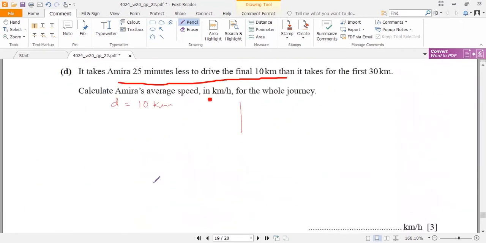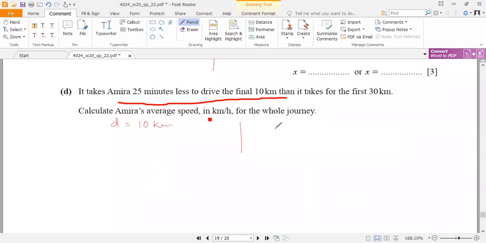It means that if the first 30 takes x minutes, then for the 10 it will take x minus 25 minutes.